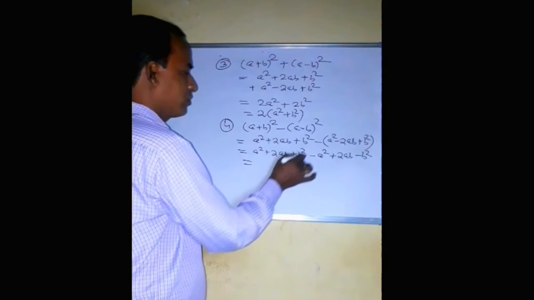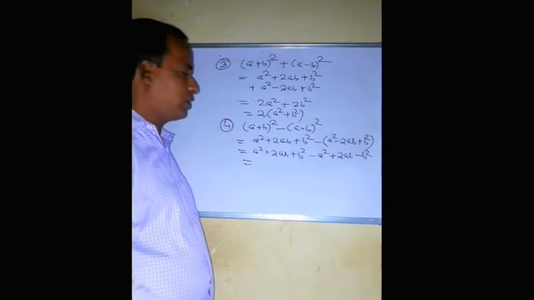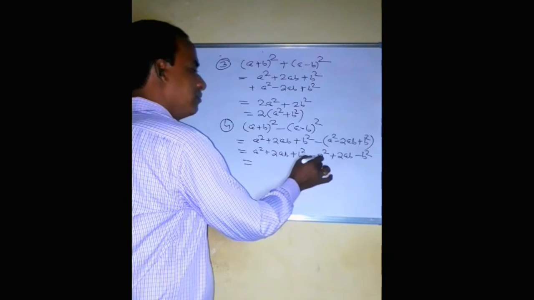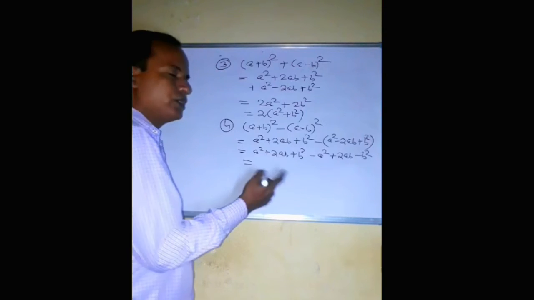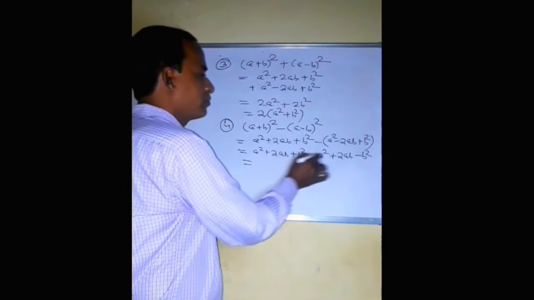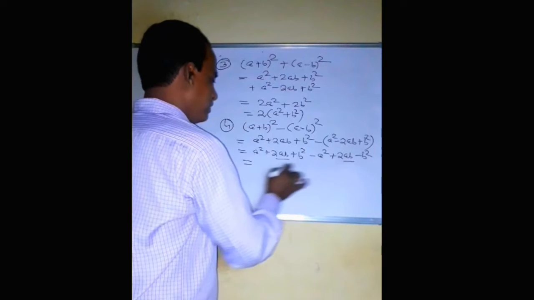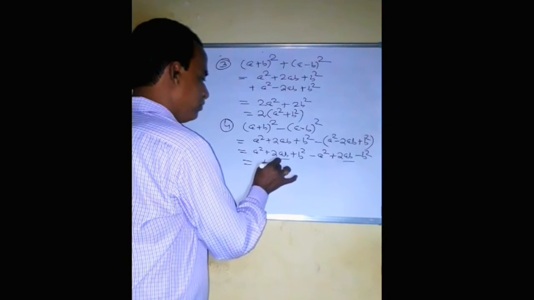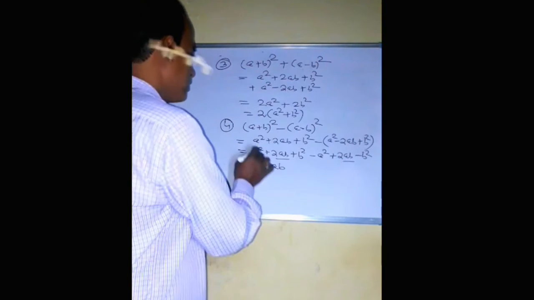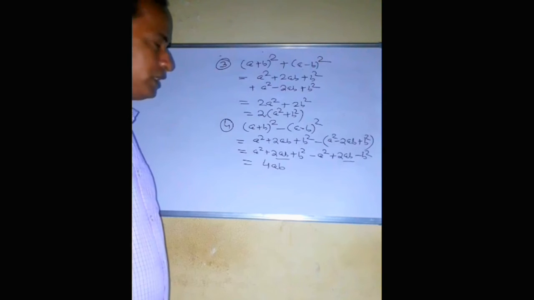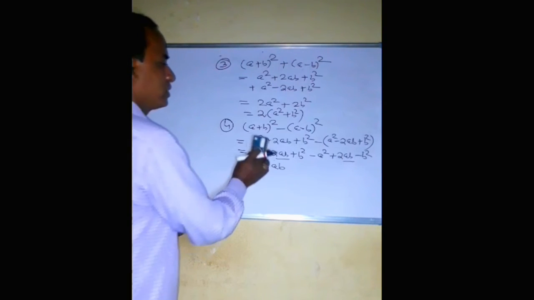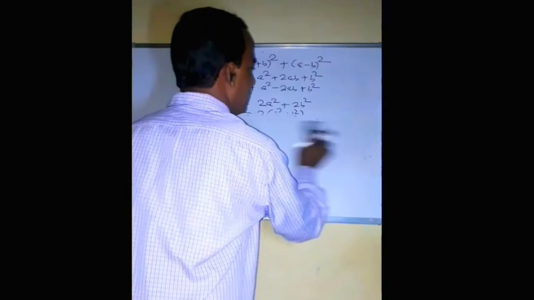Equal to plus a square minus a square, same term added and subtracted, so it is cancelled, b square also cancelled, so 2ab and 2ab when added, that's equal to 4ab. Thus it is one of the formulas: a plus b whole square minus a minus b whole square equal to 4ab.